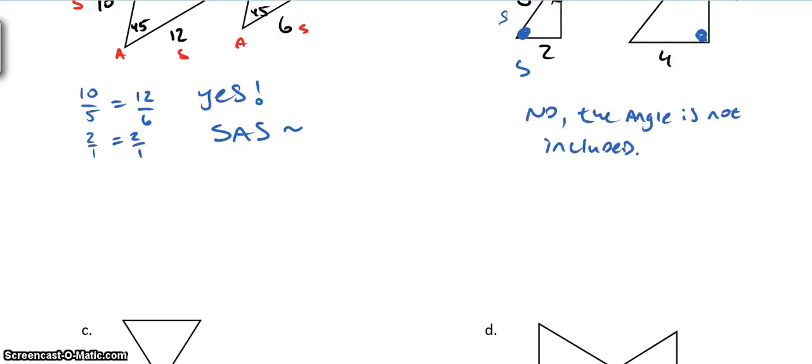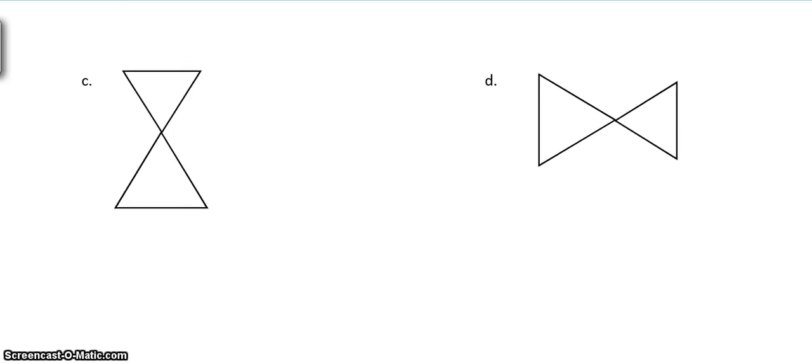All right, two more, then I'm done. Okay, so I'm going to tell you these lines are parallel, and that's it. So, are these two triangles similar? So is this top triangle similar to this bottom triangle? If yes, explain why.